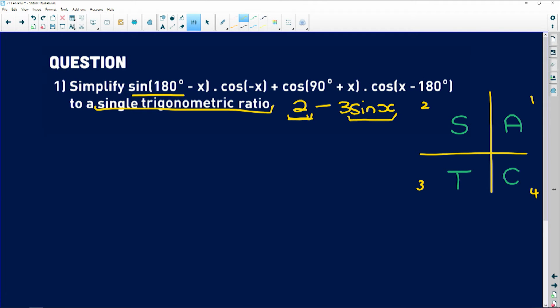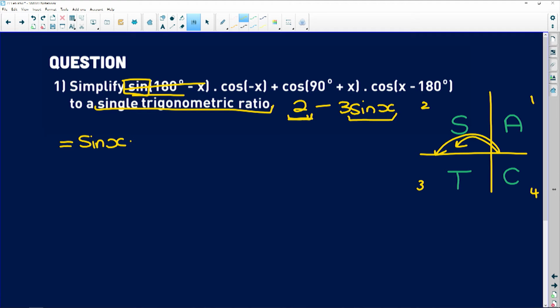So sine of 180 degrees minus x, guys, sits in this quadrant over here because this is 180 degrees, and if we're minusing x, we're going to about there. Okay, so always in the second quadrant. In the second quadrant, sine is positive. So sine of 180 minus x is the same as saying sine of x. Okay, that's the first term done.